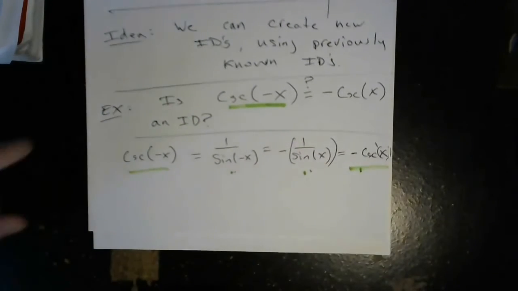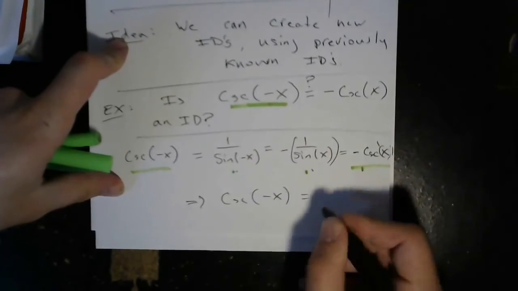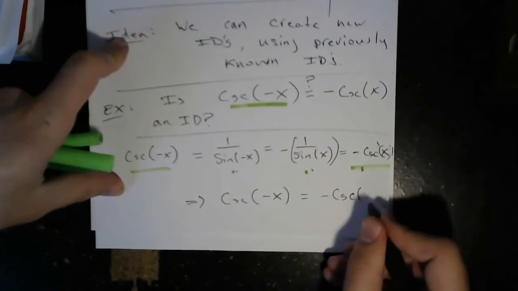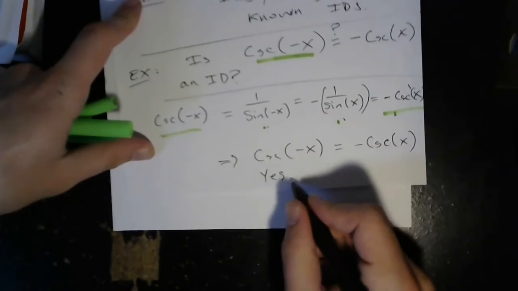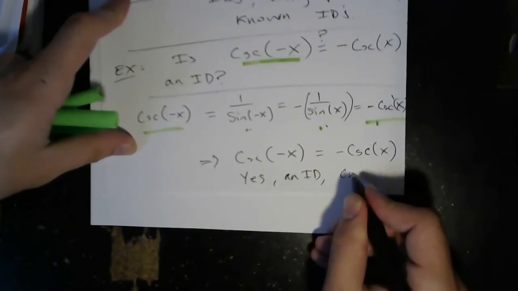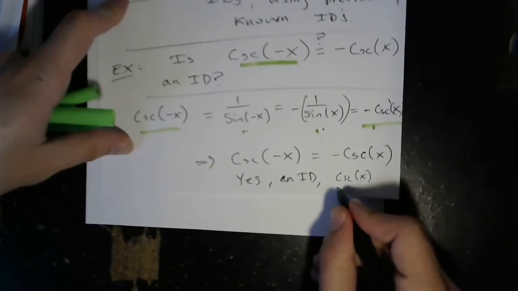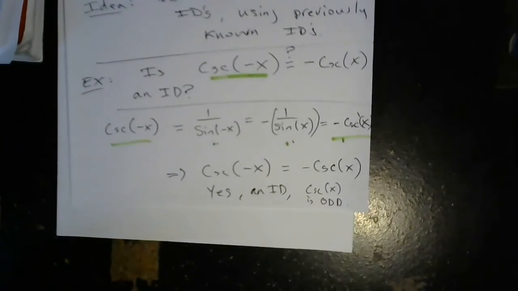So therefore, we can see cosecant of negative x is indeed equal to negative cosecant of x. And so yes, it's an identity, and cosecant is also odd, right?